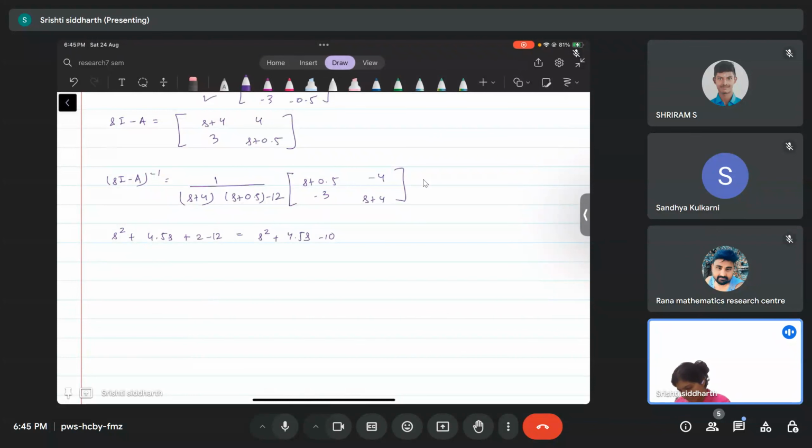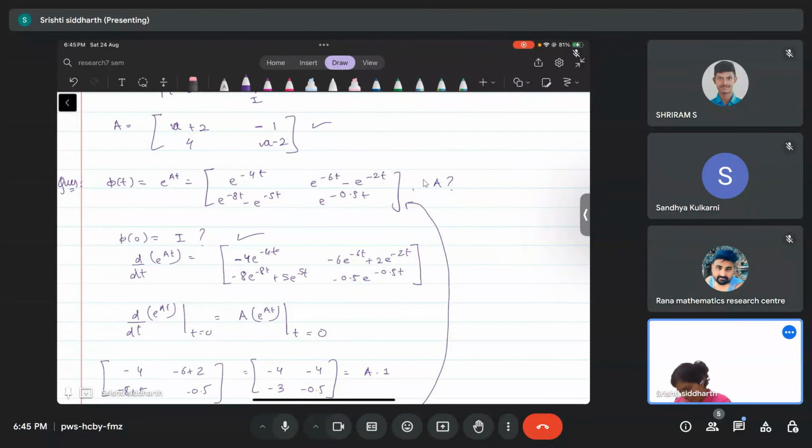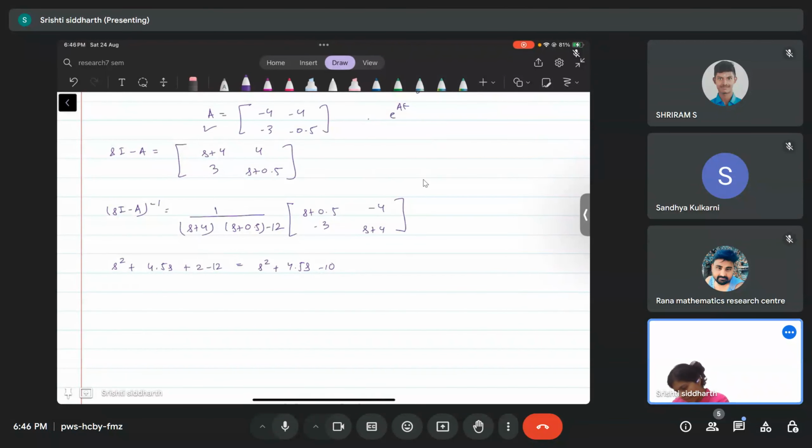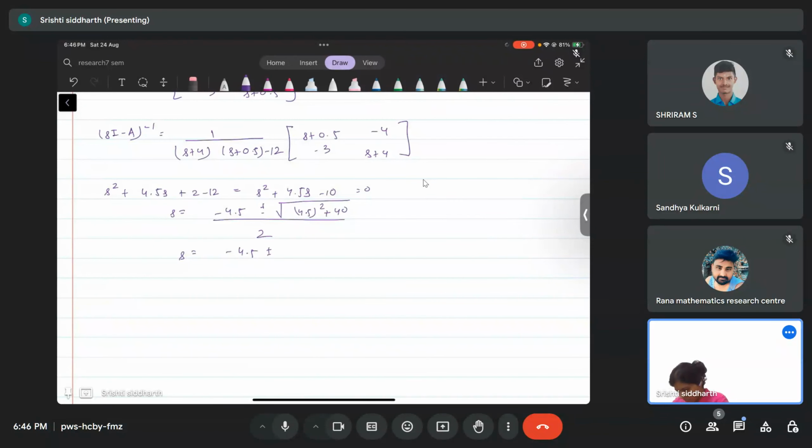Hmm, okay, so what are the roots then? So this is positive.